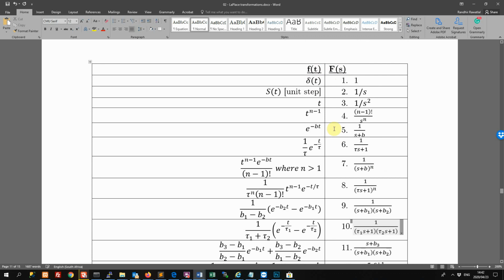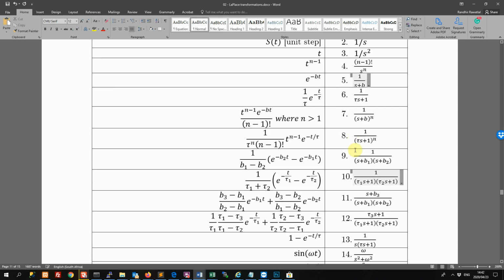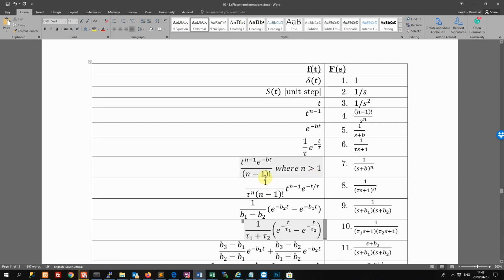Another thing we should think of is, if we have a function in the S domain, we could use a table like this to look up the equivalent time domain problem. So a table like this implies that we could take our original mathematical problem, translate it into the S domain, and perform some algebra on these expressions.